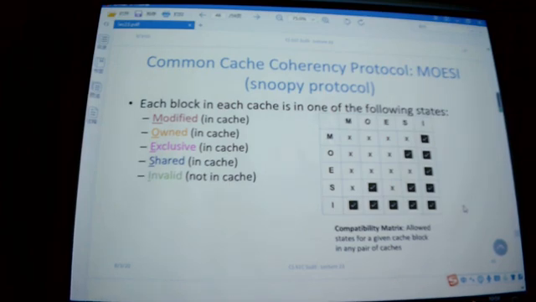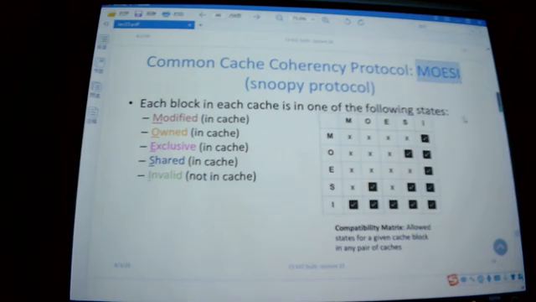So this is the truth table, and we can find each block in each cache is in one of the following states. This means correct, this means random. So the matrix allows states for a given cache block in any pair of caches.